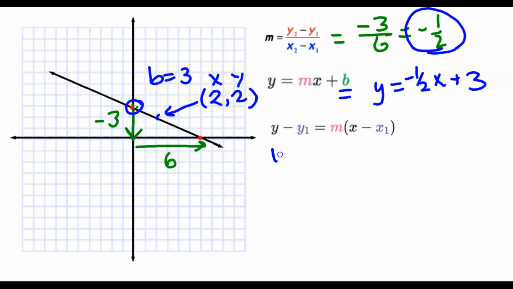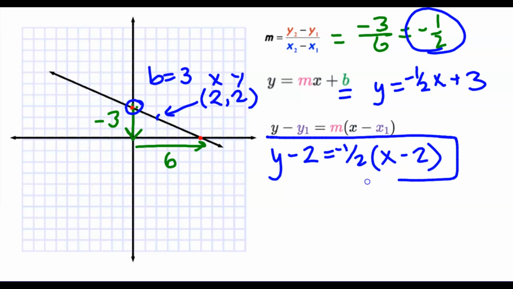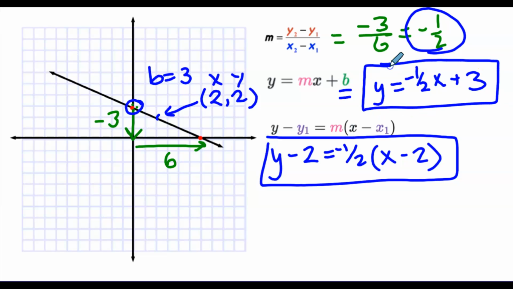I can write an equation by writing y minus the y-coordinate, which in this case is 2, equals the slope, -1/2, times x minus the x-coordinate, which is also 2. That's an equation written in point-slope form. This is an equation written in slope-intercept form. Now, writing the standard form, we're going to look at that later, but let's move on.